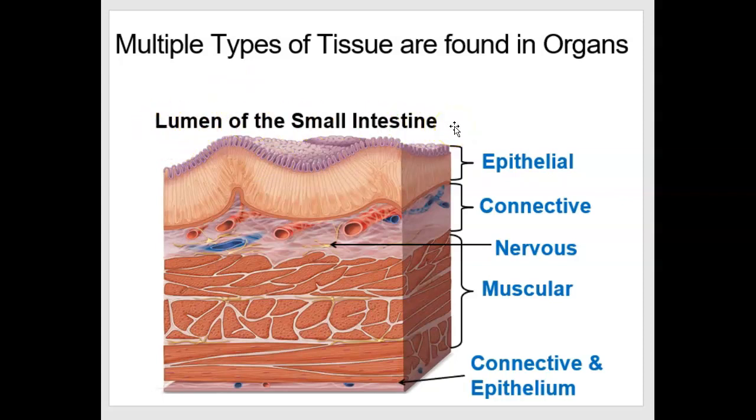So lining the lumen of the small intestine, we find epithelial tissue. And just beneath the epithelial tissue is connective tissue, including blood vessels, which is part of a connective tissue trait, and perhaps embedded neurons or nerves. So you even see little yellow neurons present surrounding the small intestine, so an element of nervous tissue. And then also in the wall of the small intestine are various layers of muscle tissue. So there's muscular tissue. And then usually surrounding the outside of an organ, you'll have either connective tissue or epithelium.